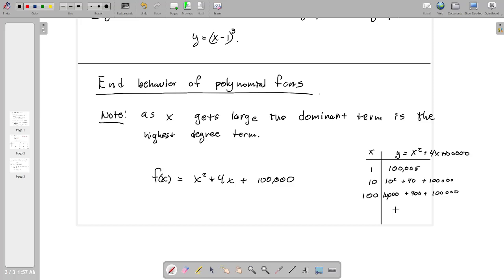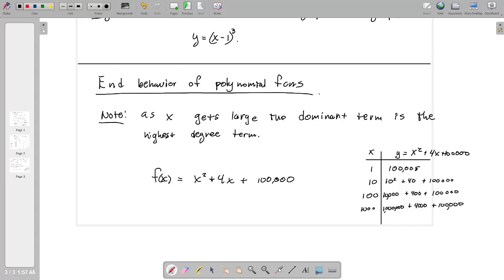It's 1/10 of the size. But once we reach x equals 1,000, now the x squared term is going to start dominating because 1,000 squared is 1 million, plus 4,000, plus 100,000.